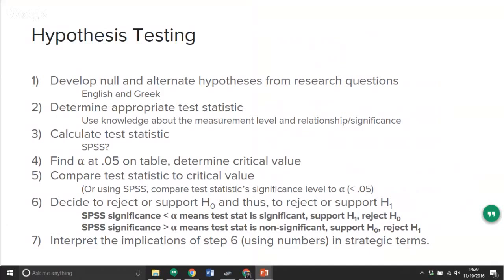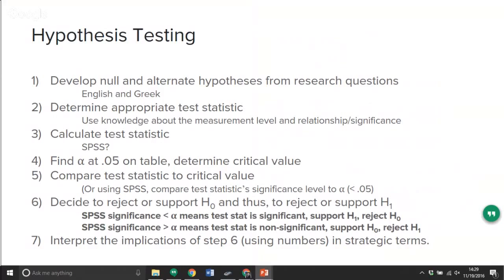Not only does SPSS calculate statistics for us, but it also gives us p-values, which are in line with levels of significance, which we've talked about previously in terms of null hypothesis testing. If we're able to use these p-values, it makes it a lot easier for us to interpret what exactly is going on vis-a-vis testing hypotheses.